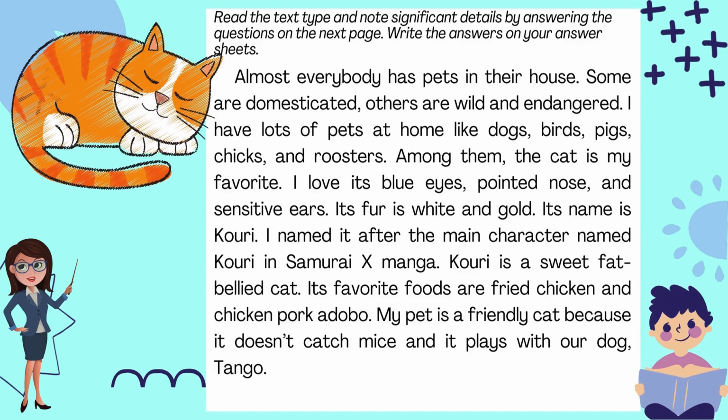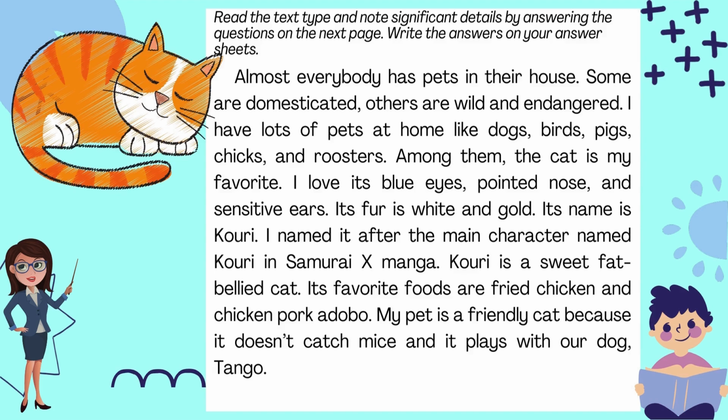Almost everybody has pets in their house. Some are domesticated, others are wild and endangered. I have lots of pets at home like dogs, birds, pigs, chicks, and roosters. Among them, the cat is my favorite. I love its blue eyes, pointed nose, and sensitive ears.